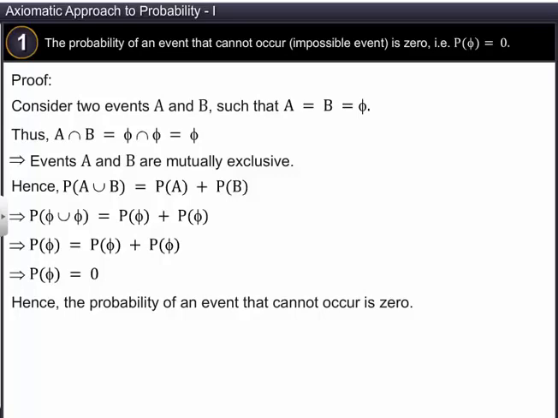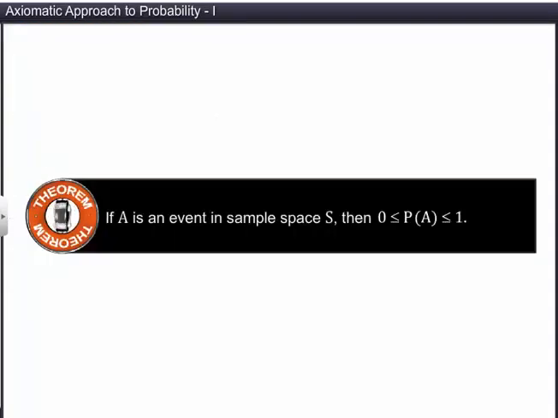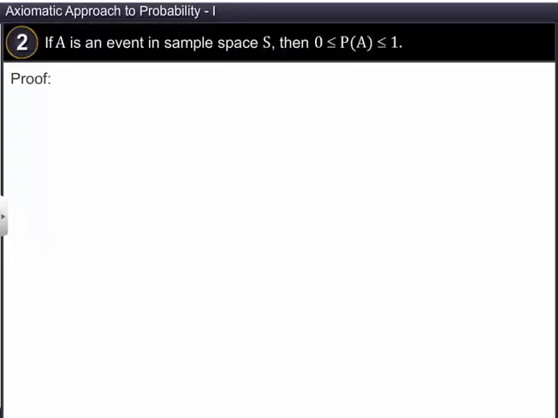The next theorem states that if A is an event in sample space S, then 0 is less than or equal to P of A is less than or equal to 1. Given that A is an event in sample space S, we know that phi is a subset of any event.